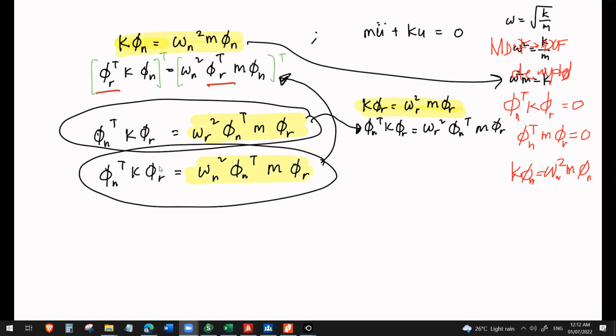Okay? So if we rewrite that, omega r square phi n transpose m phi r is equal to omega n square phi n transpose m phi r.